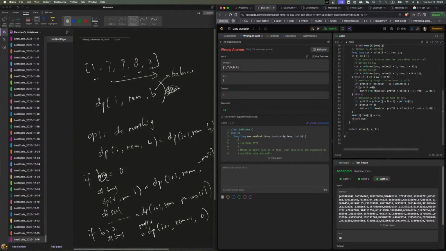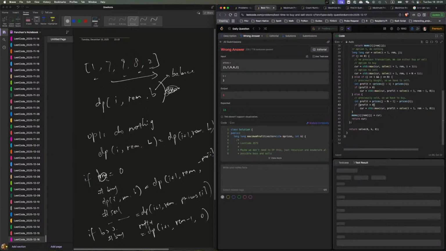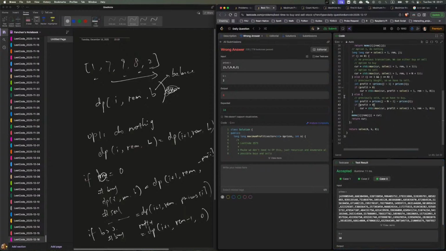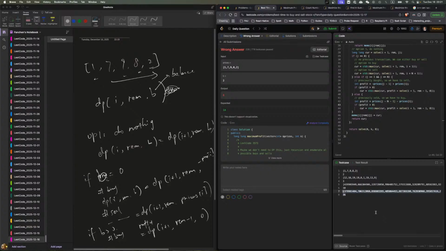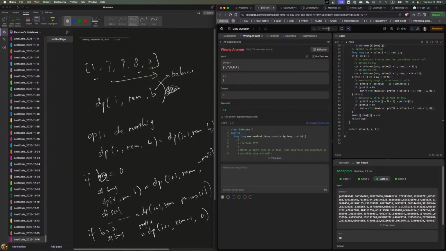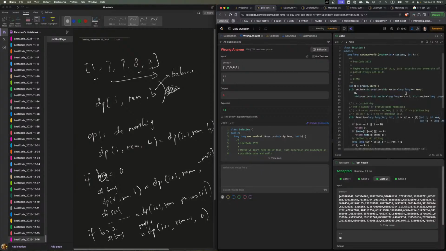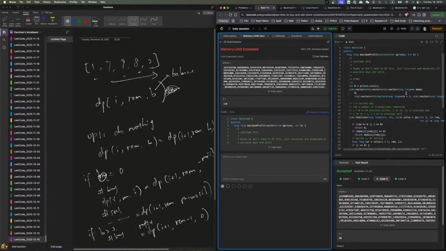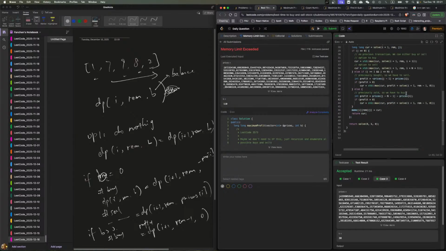What if I remove this? Okay, let's put the other one back. Oh, yes. What the hell? Memory!